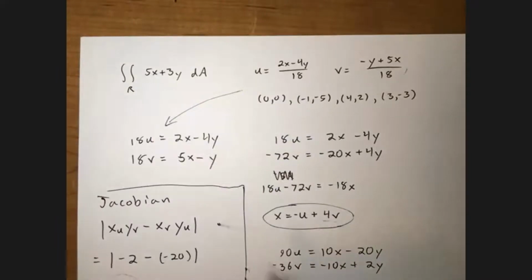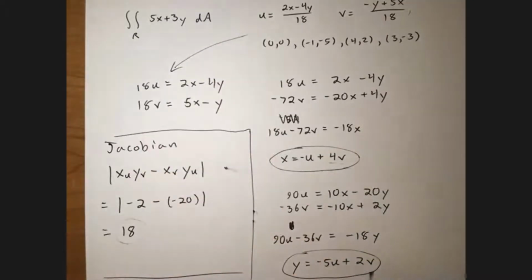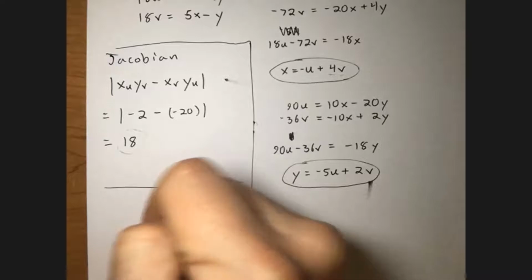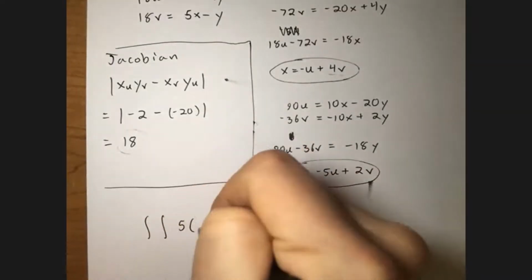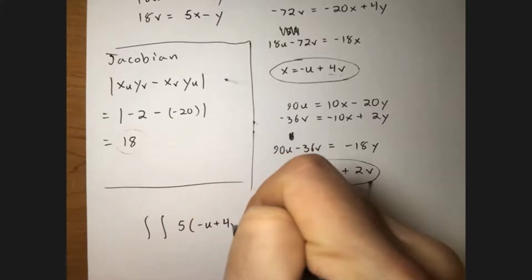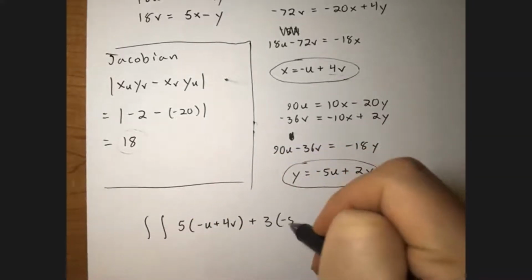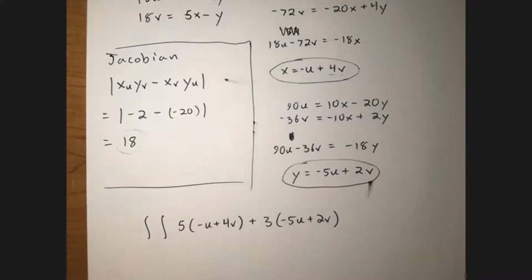All right, so we go back up here. We're going to plug in this for x and this for y, and we'll simplify it. So 5 times x, we're going to have 5 times negative u plus 4v, and 3 times y, that's negative 5u plus 2v.